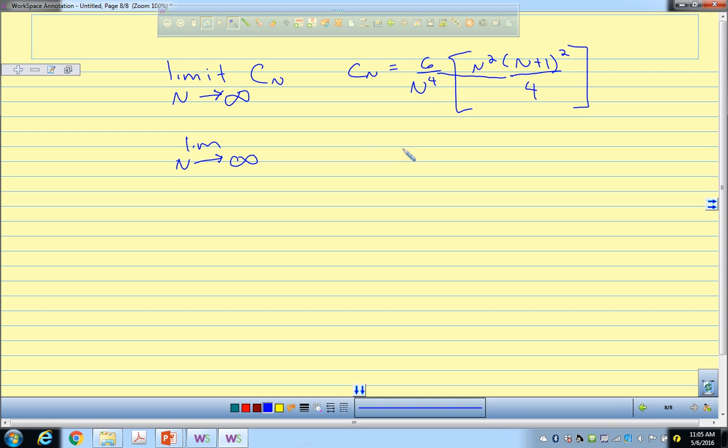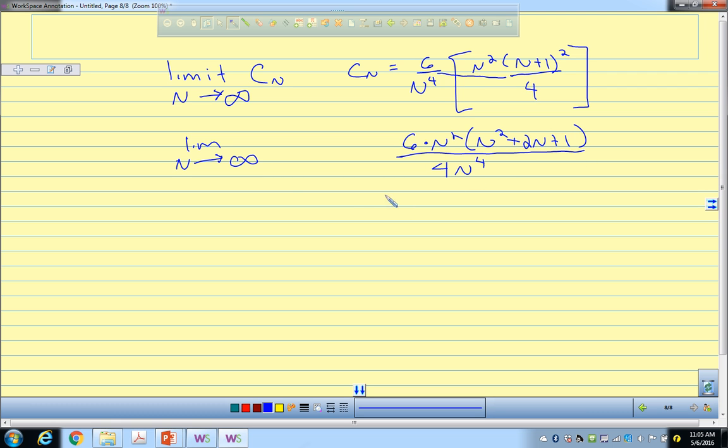So you don't even have to multiply it all together, right? If you did multiply this all together, you would get 6 times n squared on the top, and when I FOIL it out, n plus 1 squared is n squared plus 2n plus 1, over 4n to the 4th.